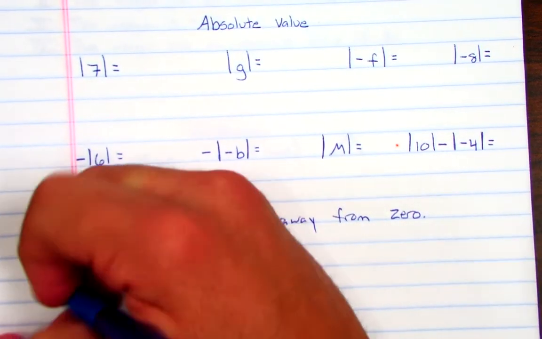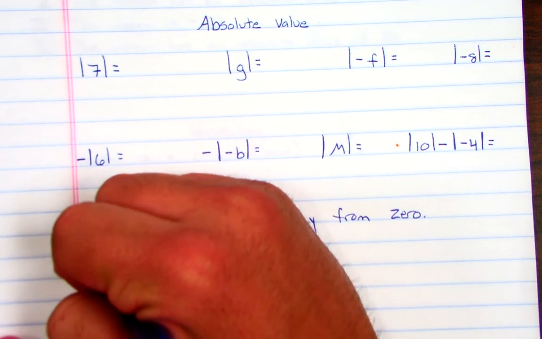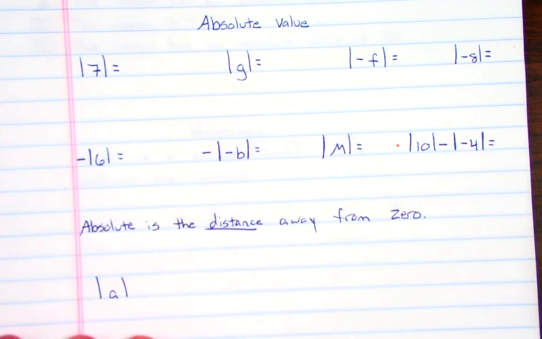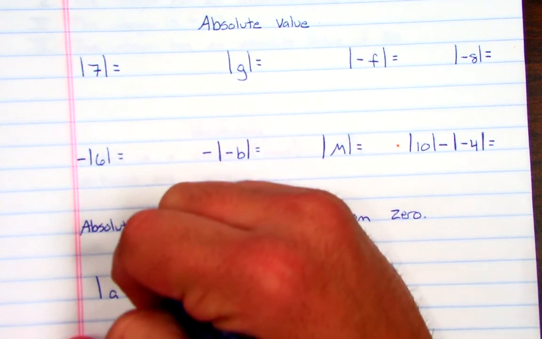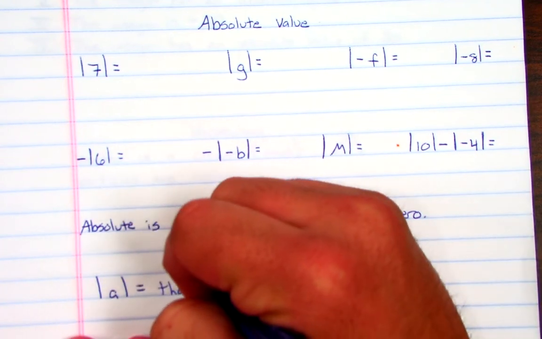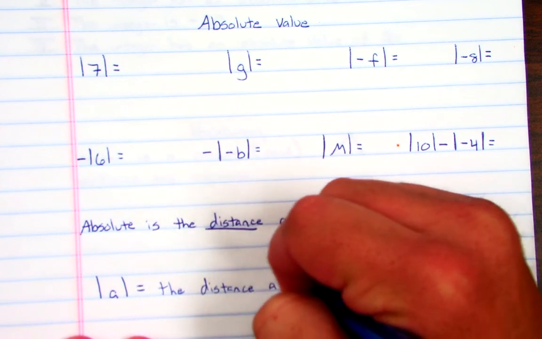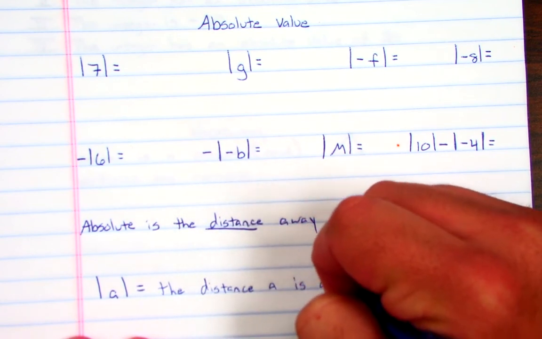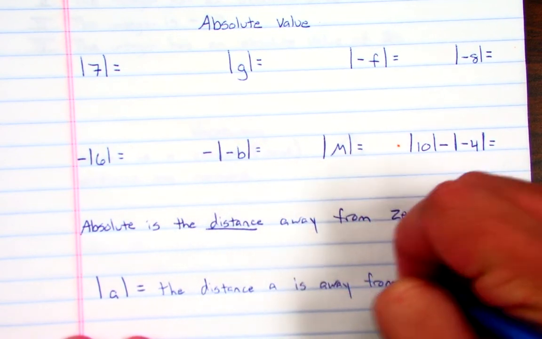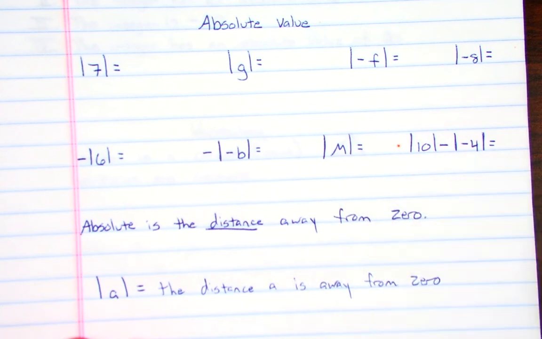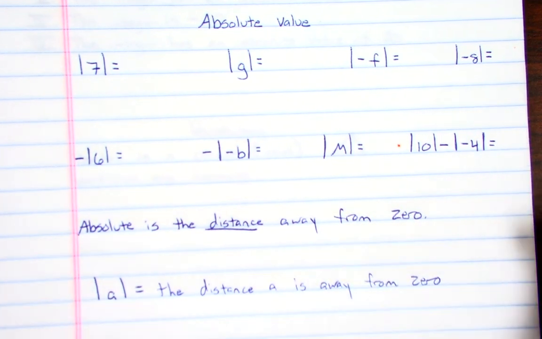Let's say it's the absolute value of A. And in words, what does that mean? The distance A is away from 0. Again, absolute value is distance. That's all I can say.